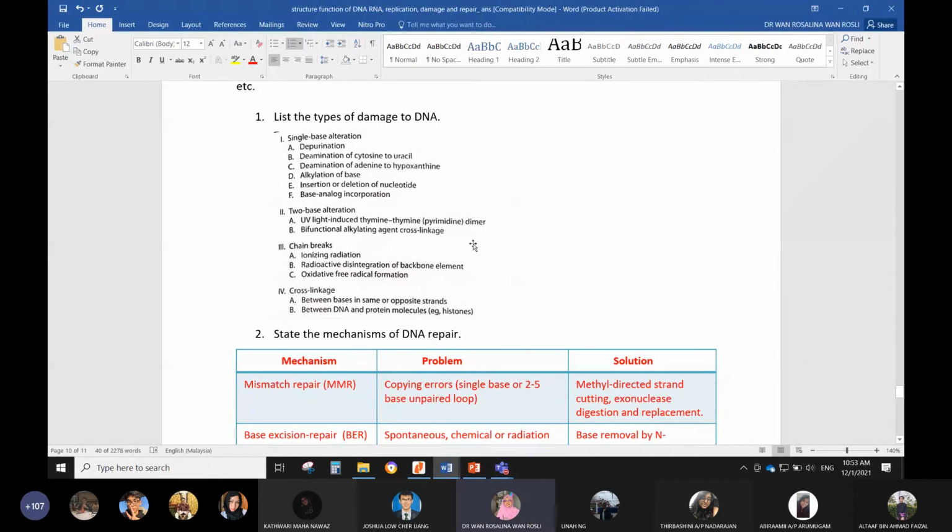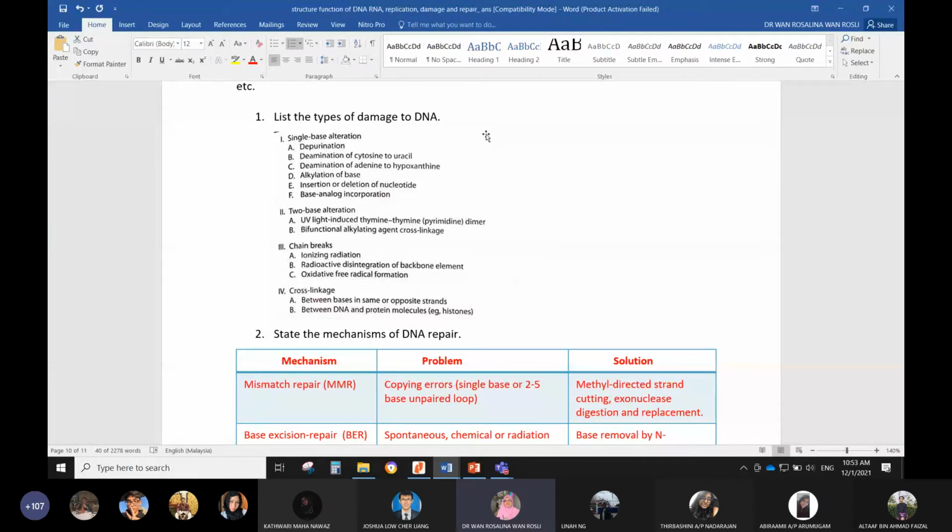Damage to DNA is usually done after the DNA replication process, but some of it happens during the replication process, though that is usually addressed by the exonuclease and proofreading activity of the polymerase.